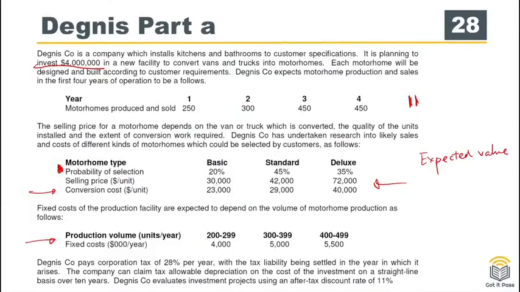Given that the corporation tax rate is 28%, so there's a tax considered. Also, there's a tax allowable depreciation, TAD, on the cost of investment on a straight line basis over 10 years. And the discount factor used is 11%. After tax discount rate is 11%. So we are given all the information.